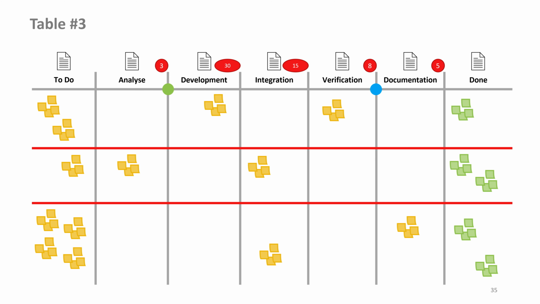This has two very important consequences. One is that the whole system changes from a push to a pull system. We can only ever pull something into a column if there is a free capacity.